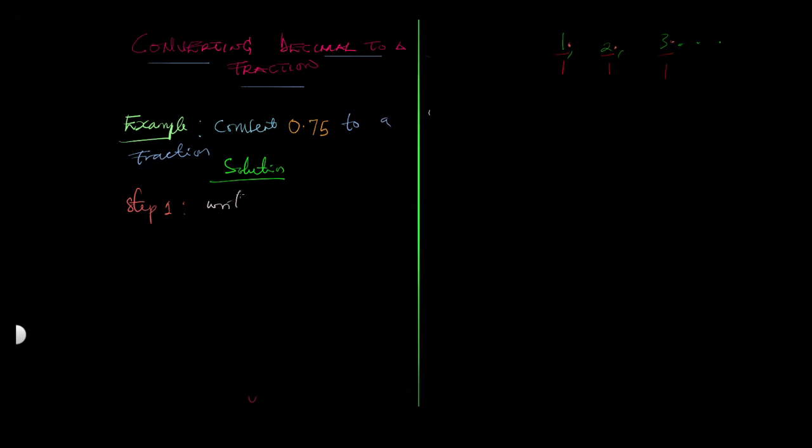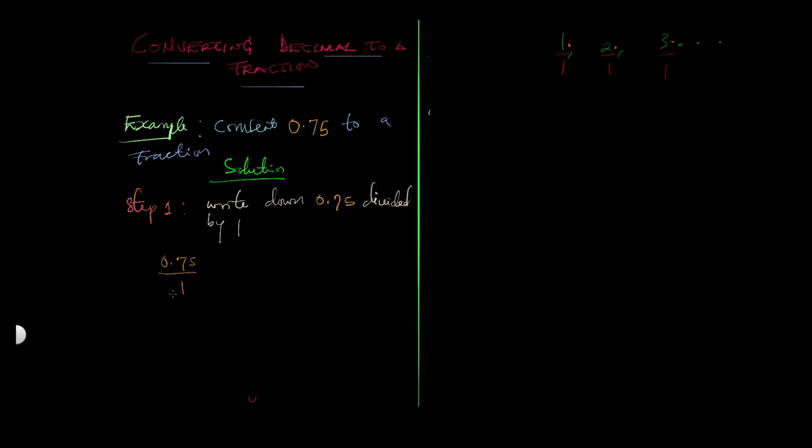So write down this number, 0.75, divided by 1. And what that means is it becomes 0.75 all over 1. We have done step 1.